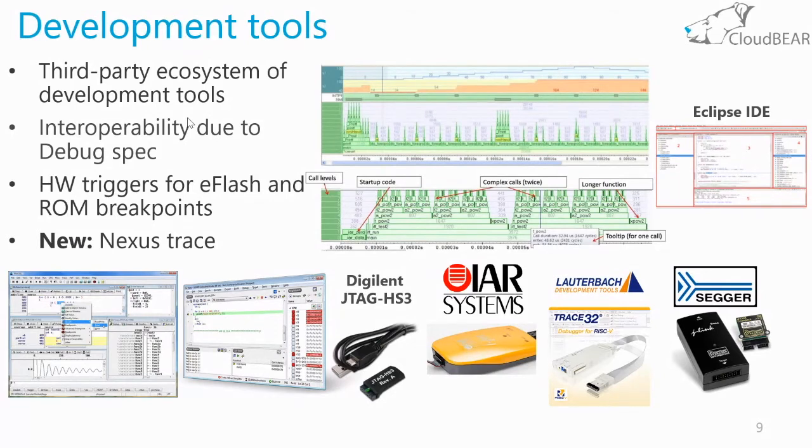At the same time, we provide a free of charge open source based toolchain and an Eclipse based environment to use the cores on your site without needing to buy a commercial license. A new thing we are working on supporting in our cores is the Nexus Trace. An early version is already available for customers, and we plan to release it in the middle of this year.